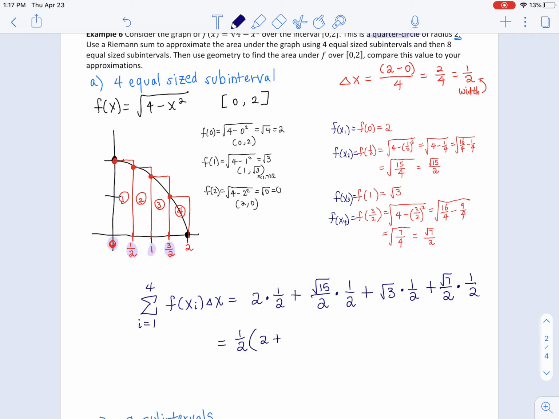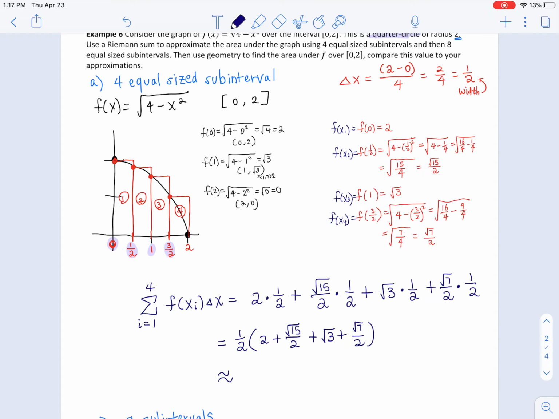And the last rectangle had a height of square root of 7 over 2 times 1/2 as the width again. So you see how all of them are getting multiplied by 1/2. We can factor that out. We can factor out 1/2 and just do 2 plus square root of 15 over 2 plus square root of 3 plus square root of 7 over 2.